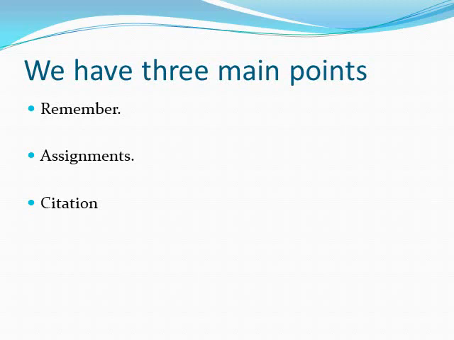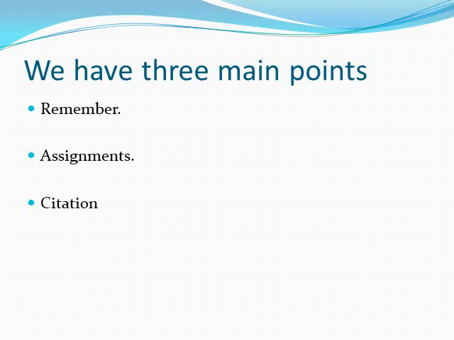In this section, we have three main points to discuss. The first part is related to what we have discussed in previous sections, so we will quickly remember the two main topics that we have discussed previously, which are interest groups and political parties. The second part is related to the assignments that you are supposed to do.